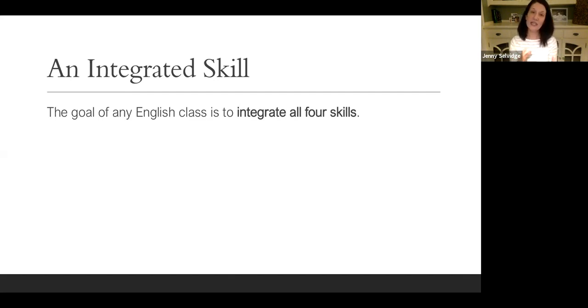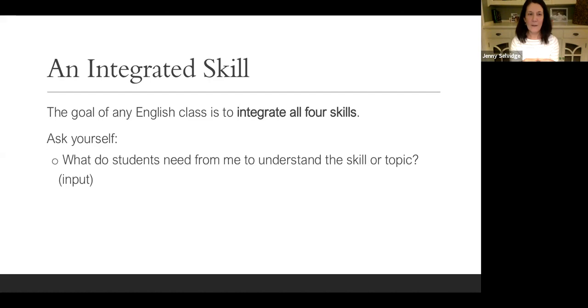And as you plan your lesson, ask yourself these questions. The first one: What do students need from me to understand the skill or topic? So what input do they need? So this depends on what they already know. It could change from one class to the other if you have two of the same class.